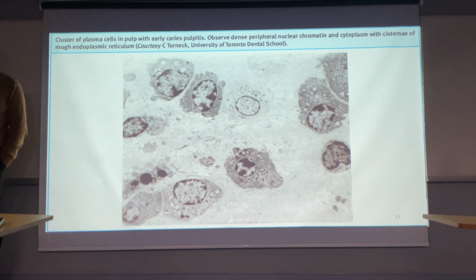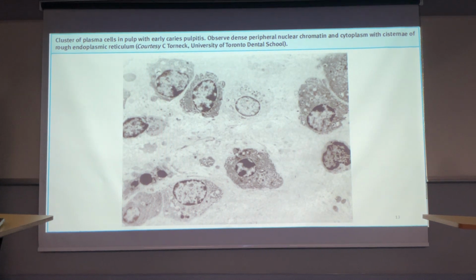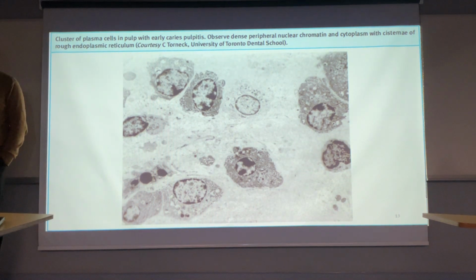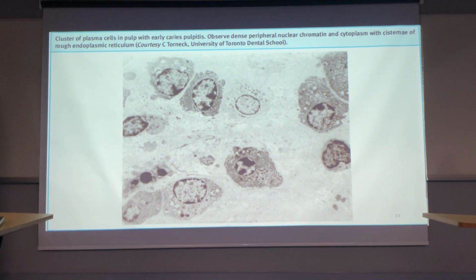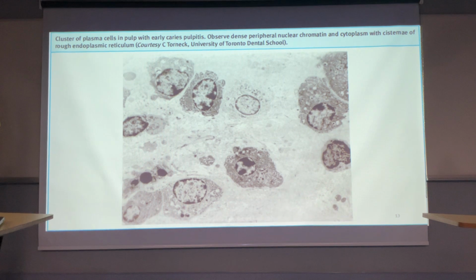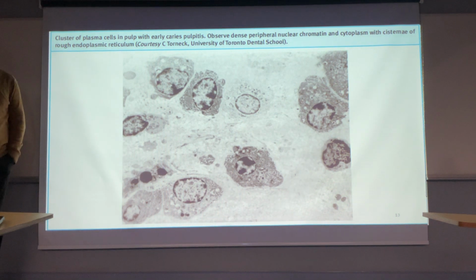Again, plasma cells can be found in the pulp. What is the role of plasma cells? You don't know the immunology. Because of that, in this part you can't answer the question.